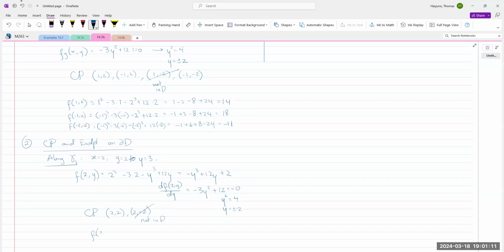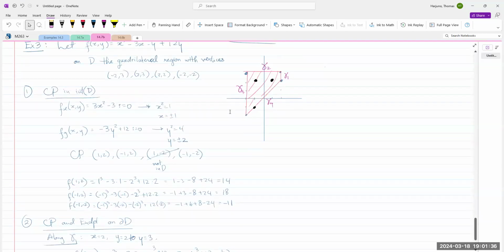So f(2, 2) equals negative 2 cubed plus 12 times 2 plus 2. What's that? Negative 8 plus 26. That's positive 18. I think we have that value up there, no? Yes, we have 18 here also. So at this point, that's 18. At 1 comma 2, that's 14. At negative 1 comma 2, that's also 18.